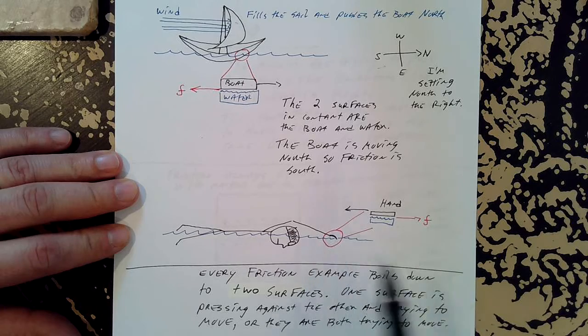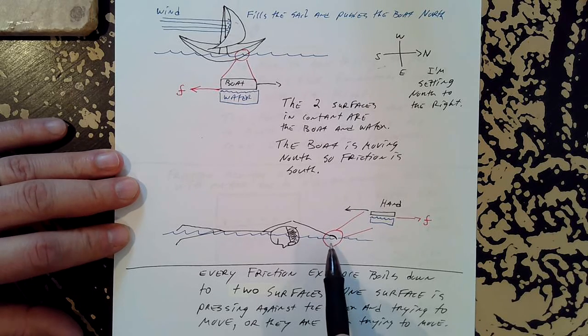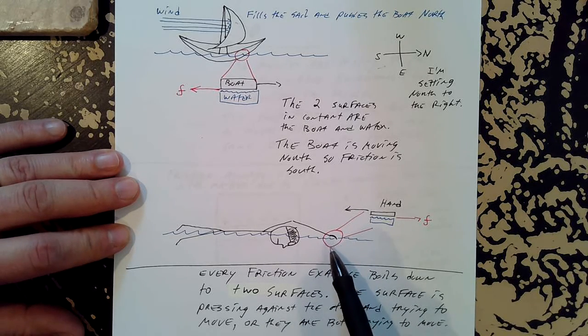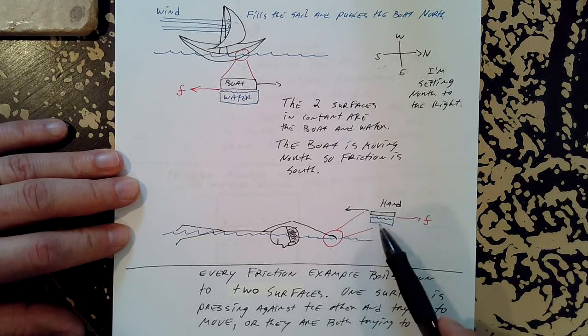If you just imagine the hand in the water right here, this is a very oversimplified example of what's really happening, but it might help understand some of the differences.